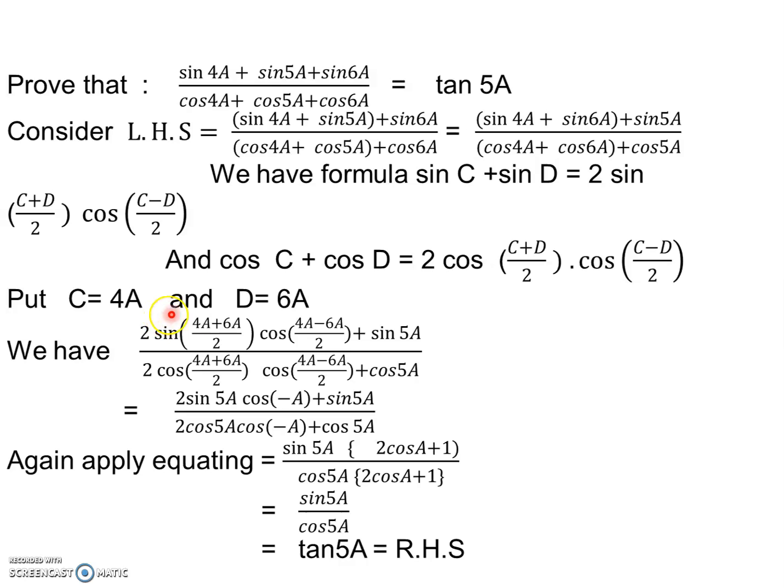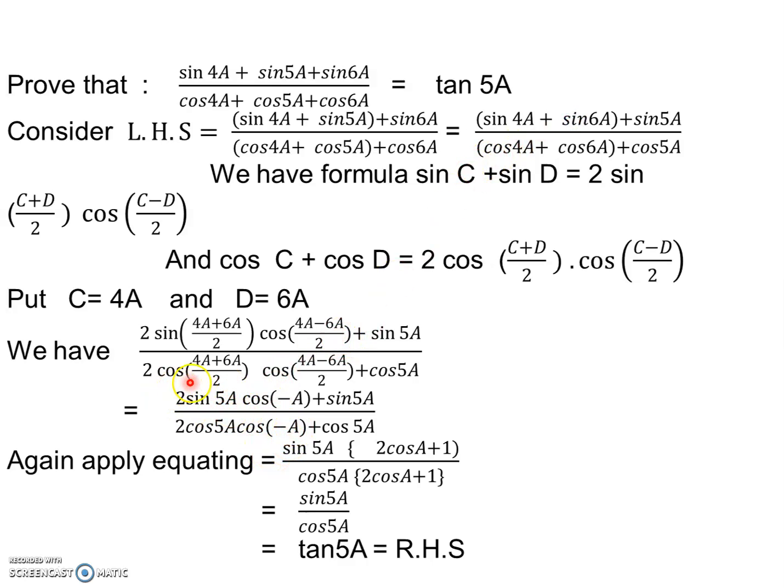C is equal to 4A, D is equal to 6A. So we have to put the values, C is equal to 4A and D is equal to 6A. We have to group these terms, taking sin 6A separately because it is the bigger angle.